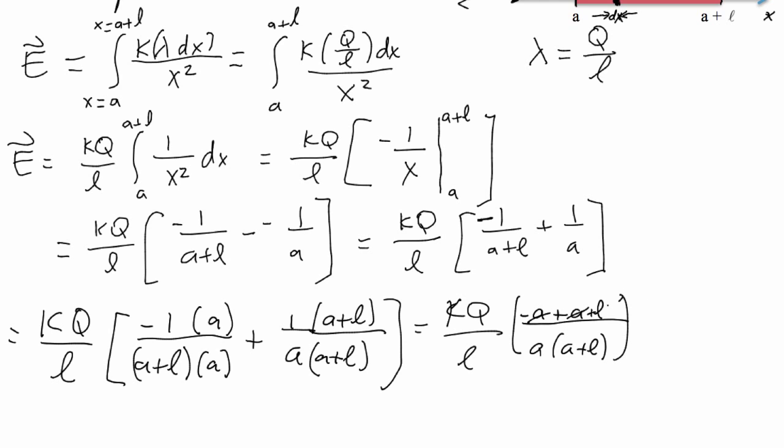Notice that what's left on top is L. That cancels, and our final result is kq over a times a plus L.